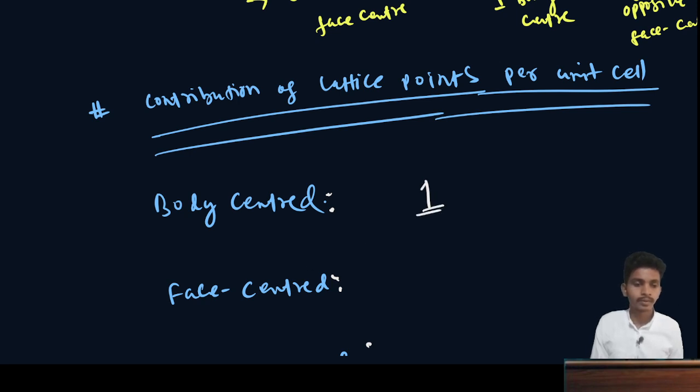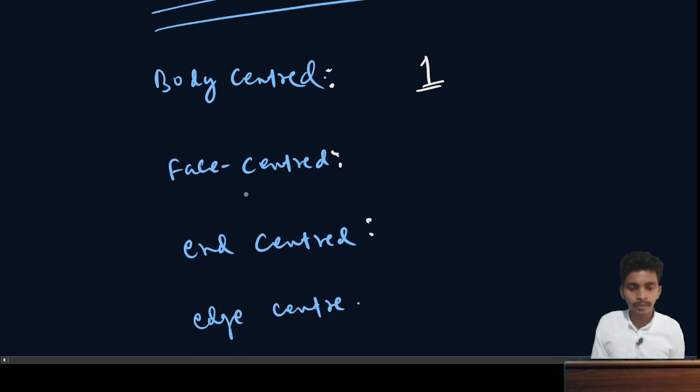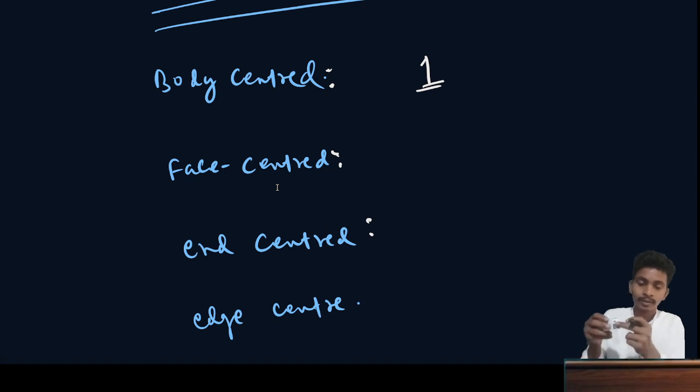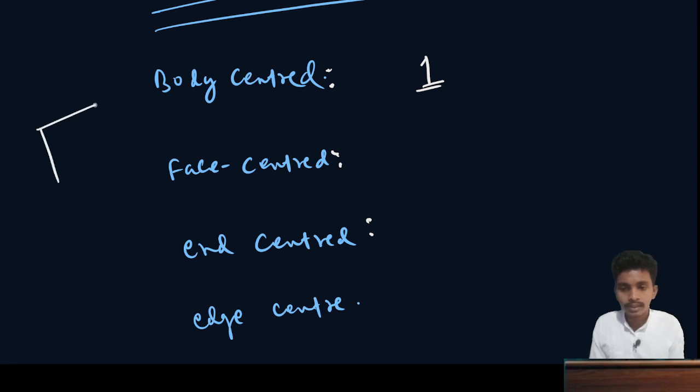Now if a lattice point is present at the base center, then what is the contribution of this lattice point to this unit cell? Let's say this is the unit cell, and if the lattice point is present at the body center, its contribution is 1.